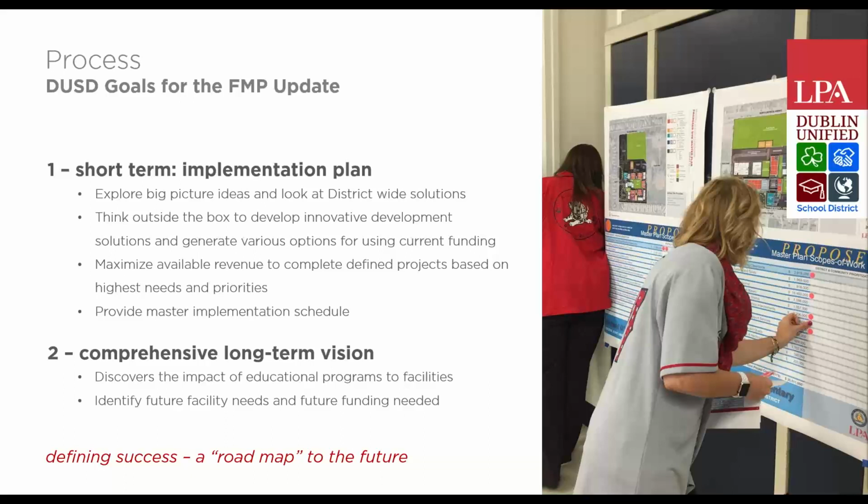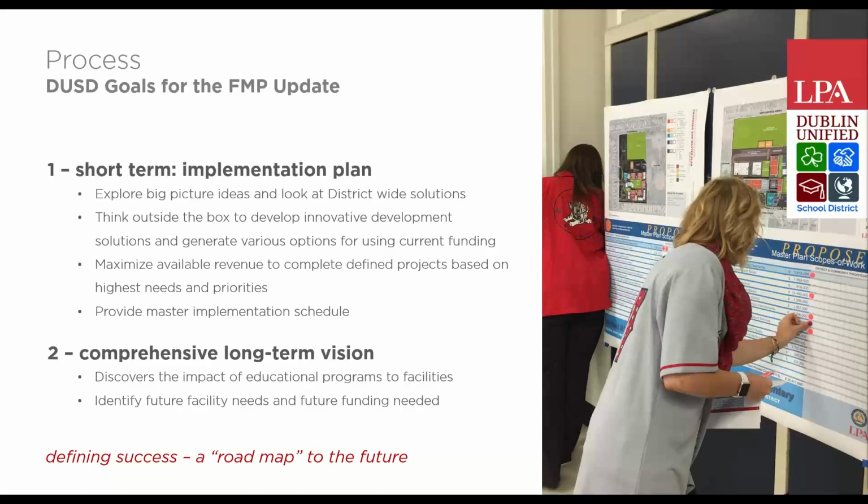The ultimate goal of this master plan process is two-part: a short-term goal, which is the implementation plan, and a comprehensive long-term vision. In terms of the short-term goal, we want to explore big picture ideas and look at district-wide solutions. We want to think outside the box to develop innovative solutions and generate various options for using the funding that the district currently has.